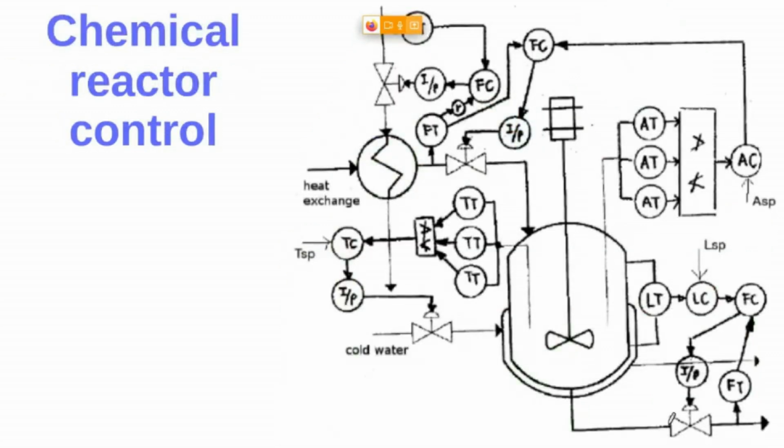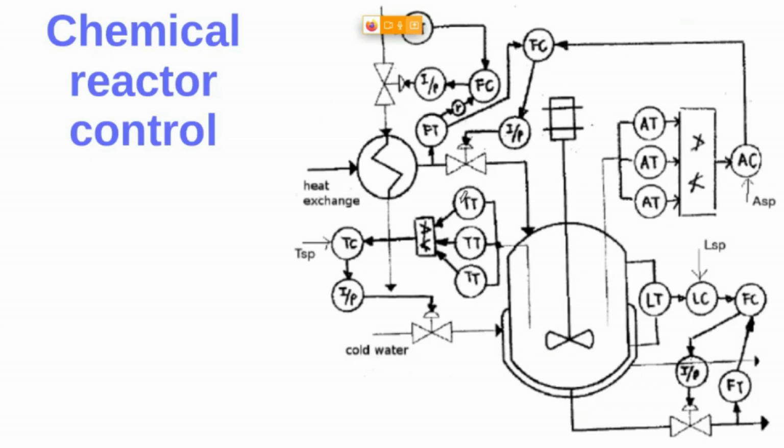Well, let's now have a look at this chemical reactor control, right? Well, as you can see here, we have several temperature transmitters that measure the temperature in this exothermic reaction, right? It's measuring this inner temperature in the tank, right?